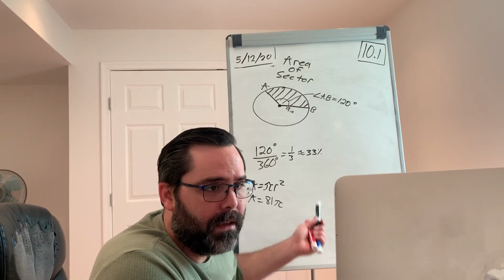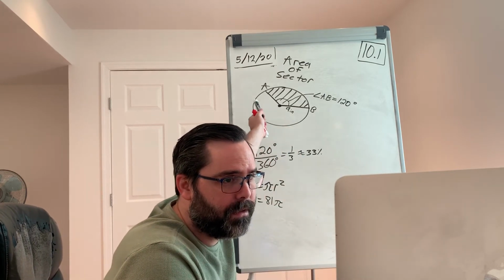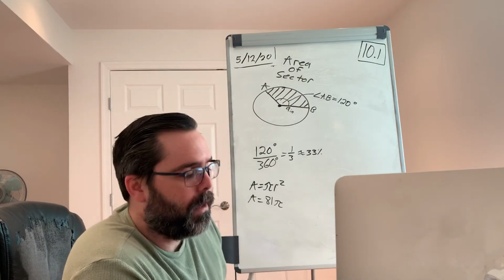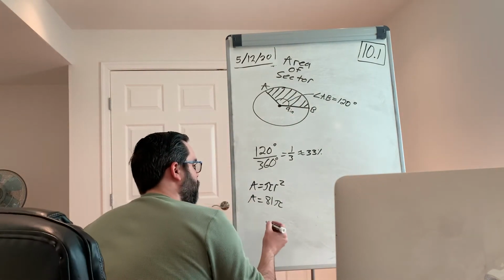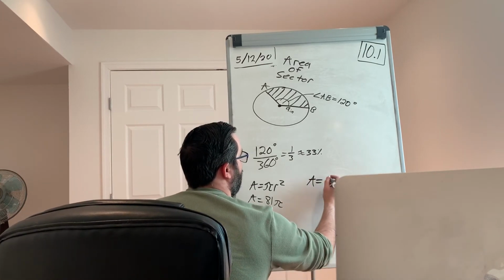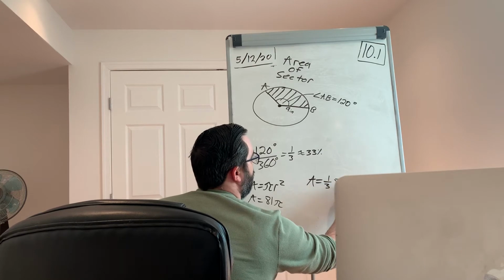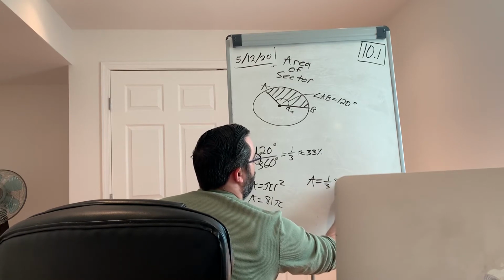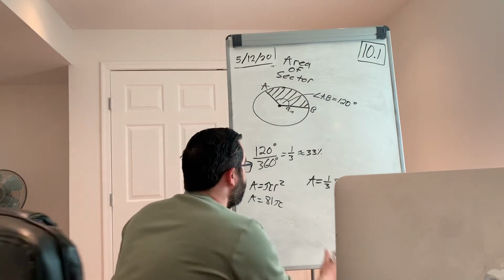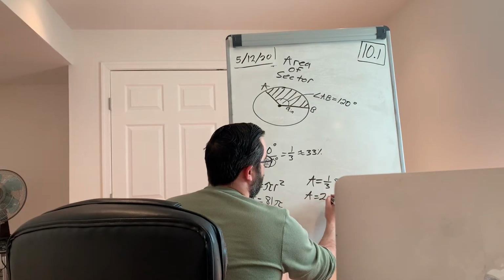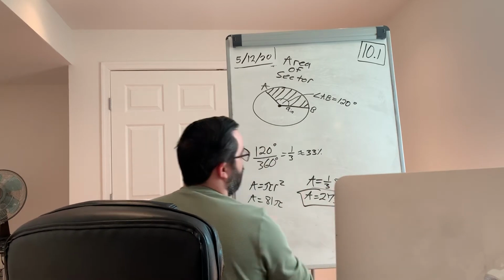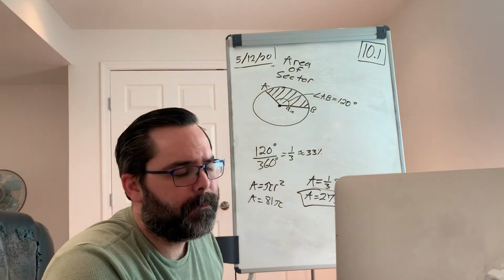So now I need to find the area of just this black space. So I need to find 1/3 of 81 pi. Well, what's 1/3 of 81? 27 pi.